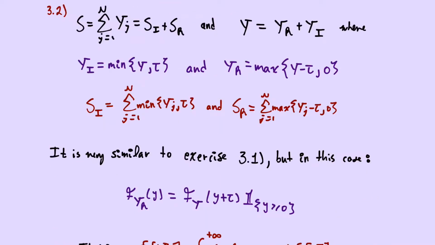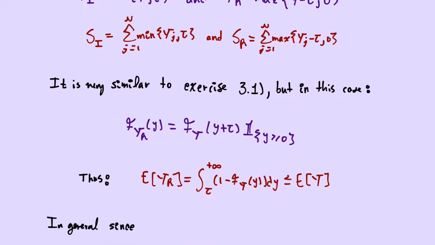So if you check out the details of how to compute the distribution function and the expected value of the random variable yr, it would be very similar, almost identical, to the computations that we have already done.